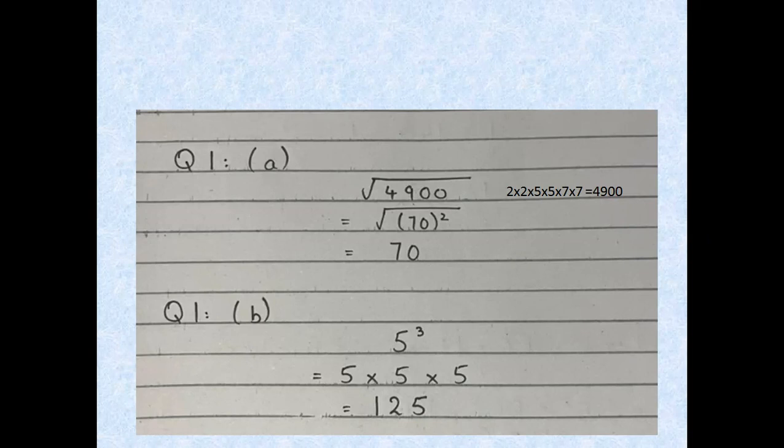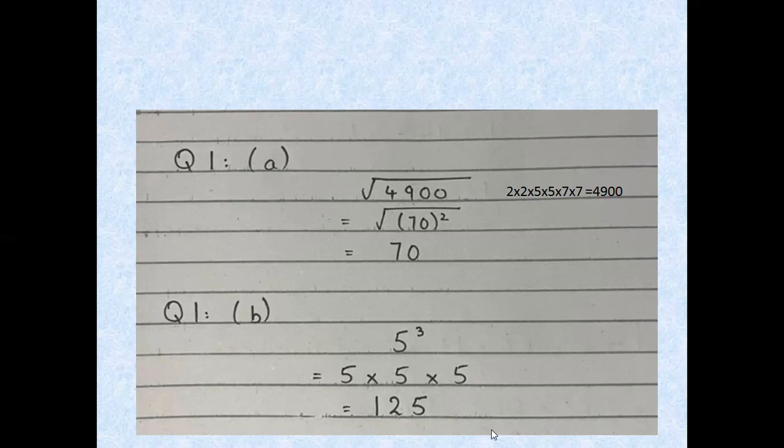When you take the square root, it means raised to the power 1 by 2. So 1 by 2 multiplied by 2, they will be cancelled. So you will get 70. So the square root will be 70.